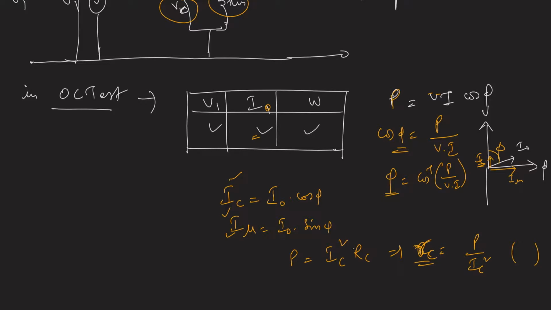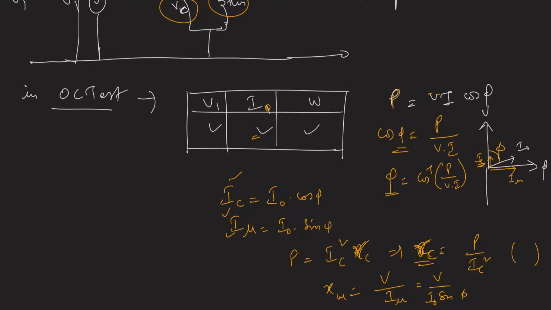Okay, and what about XM? XM I can directly find out as V by IM, or V by I naught sin phi component.